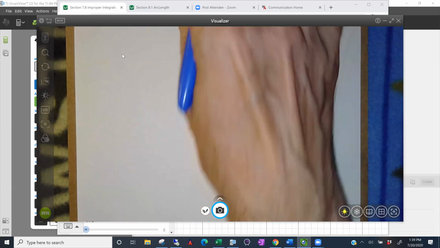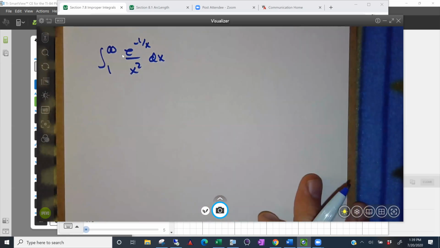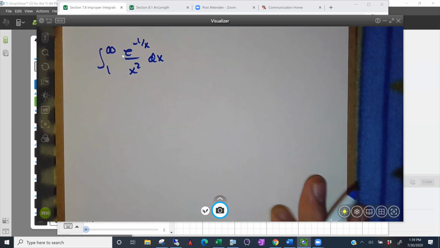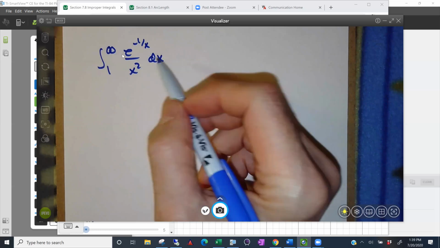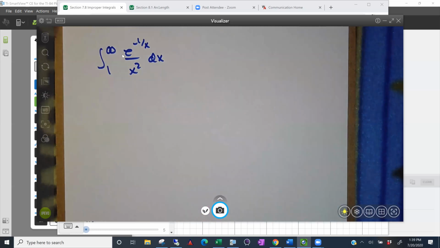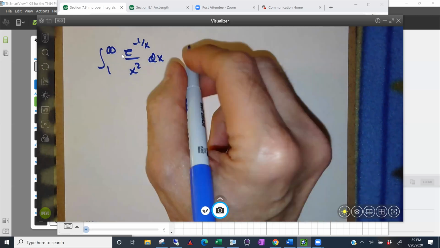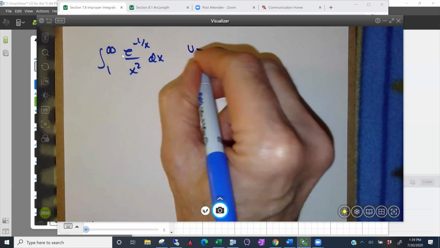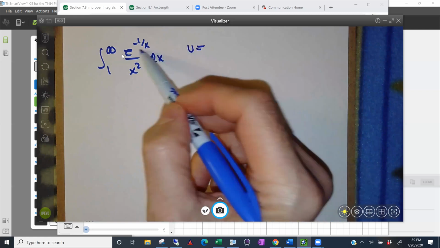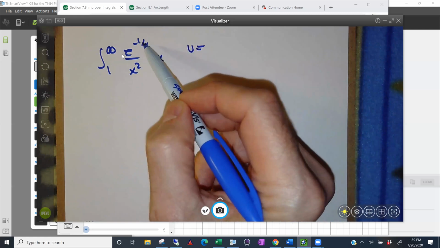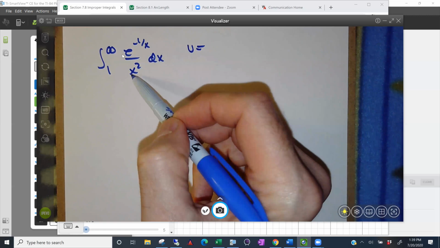All right, so you're going to need to start out with a U-substitution. And I'll get you started at least that far. So for your U-substitution, here's the thing. When you've got a 1 over x term, the derivative is going to have an x squared in the denominator.